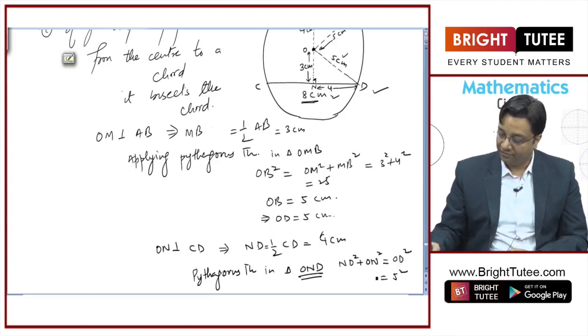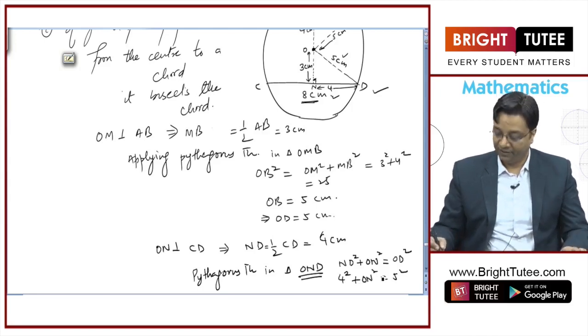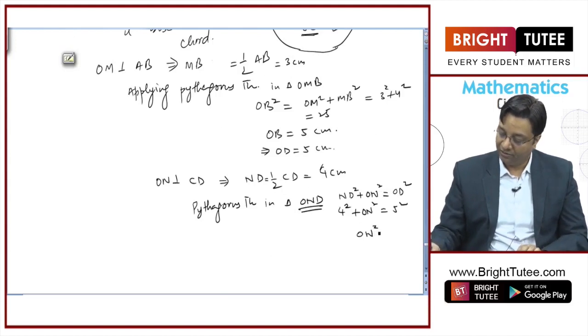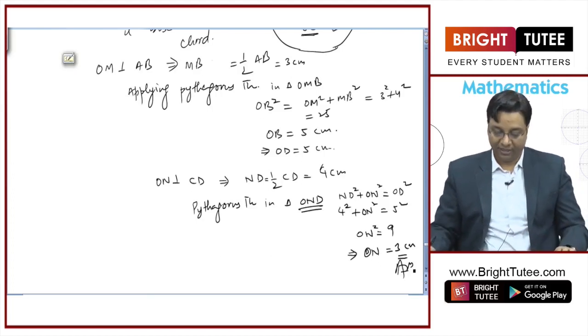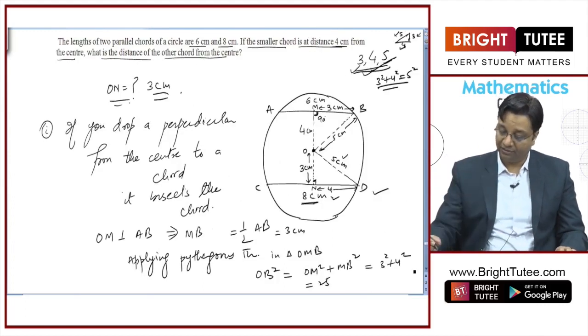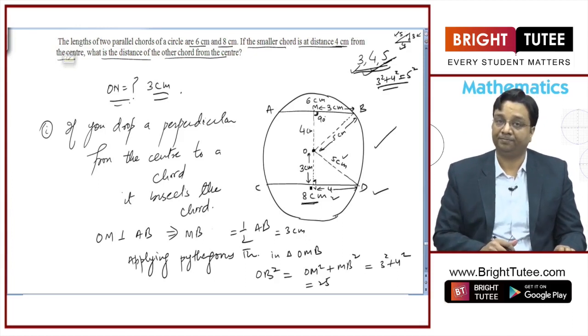You know OD is 5, you know ND is 4, so ND square is 4 square. ON square you can obtain easily from it. ON square will be equal to 25 minus 16, that is 9. So ON will be 3 centimeter and it is your answer. Otherwise, just by looking at this figure, you could have said that this length is 3 centimeter.